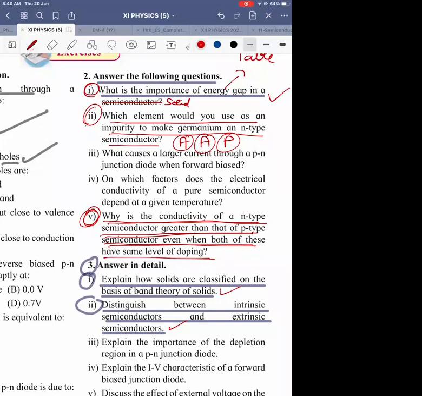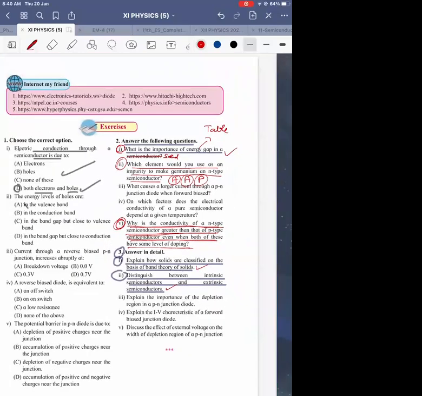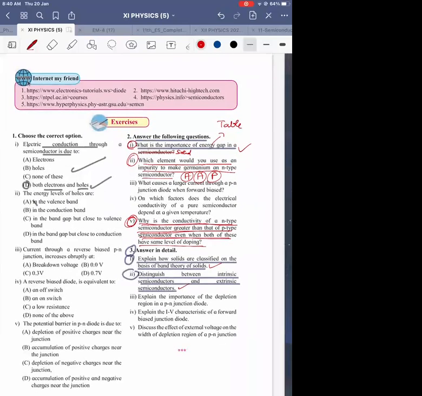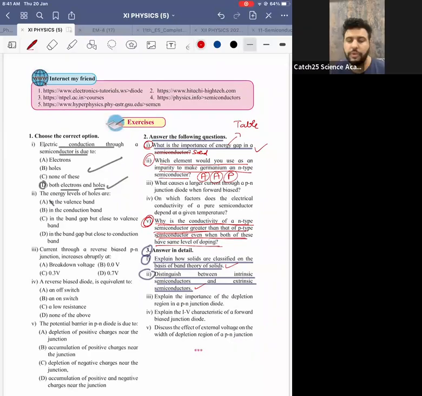Finish writing this much. So go through it. Whatever I have underlined, all those MCQs and answers we have done.